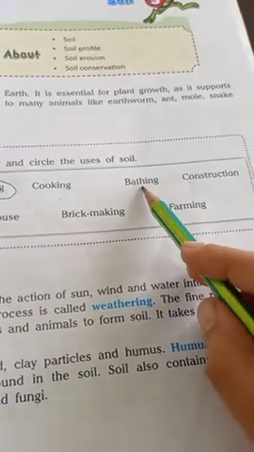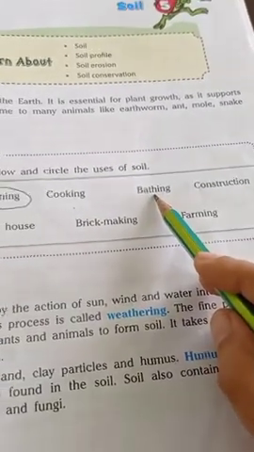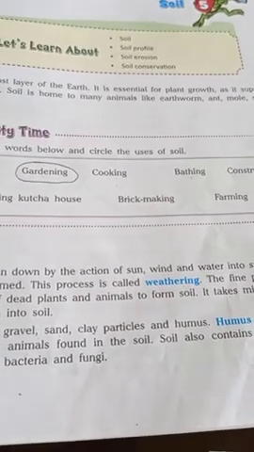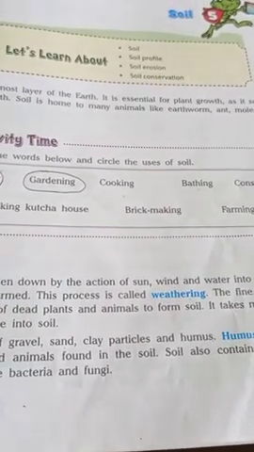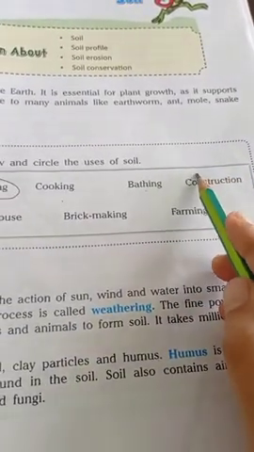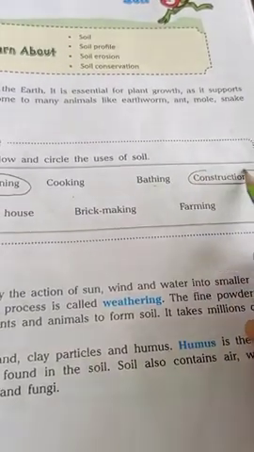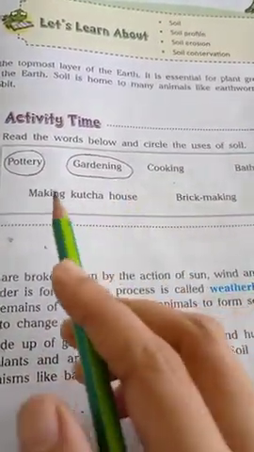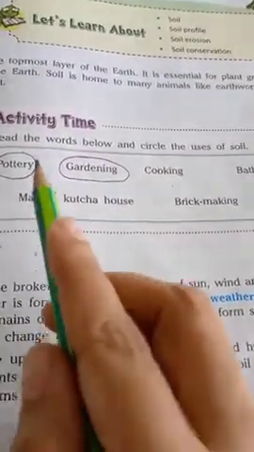Next is bathing. In bathing also soil is not used. Next is construction. Is soil used in construction? Yes, it is used in construction, so circle construction. Next is making kacha house. Is soil used in making a kacha house?